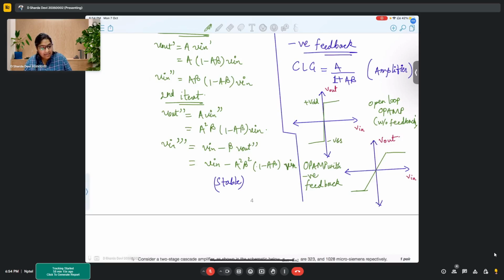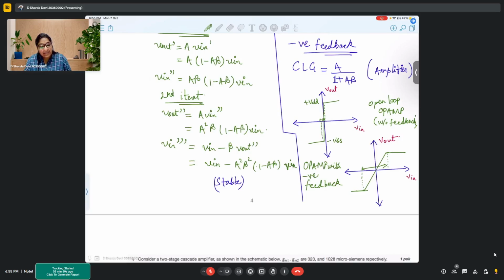That basically means that now the input that can be satisfactorily amplified by your op-amp system has increased this much. Earlier it was this small. So, getting my point? This is the need for your feedback.